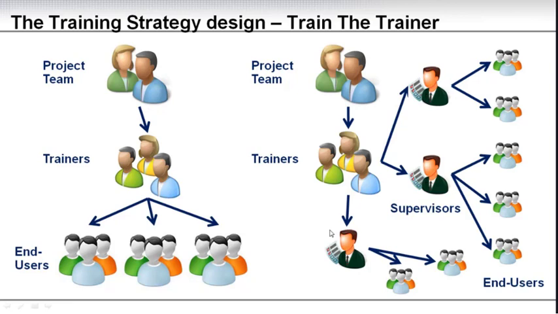Now, needless to say, the more links in the chain, the more possibilities of miscommunication and misunderstanding, and it can make it less effective. But on SAP projects, because the user base is normally big, and it is the key people, you will have to adopt some kind of train the trainer approach, but design it in a way that fits your organization.